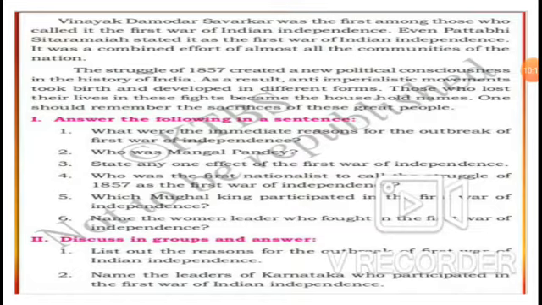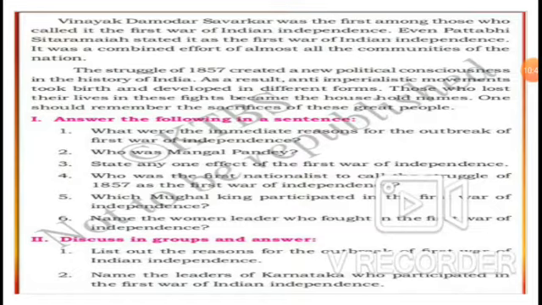The struggle of 1857 created new political consequences in the history of India. As a result, anti-imperialistic movements took birth and developed in different forms. Those who lost their lives in these fights became household names. One should remember the sacrifices of these great people.